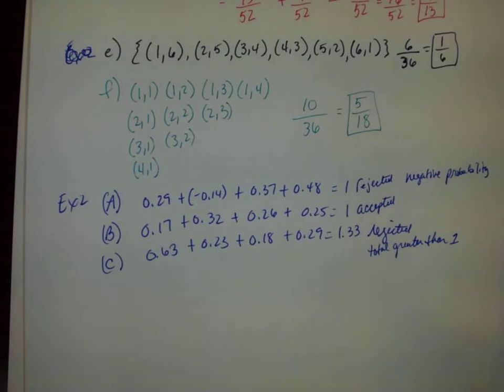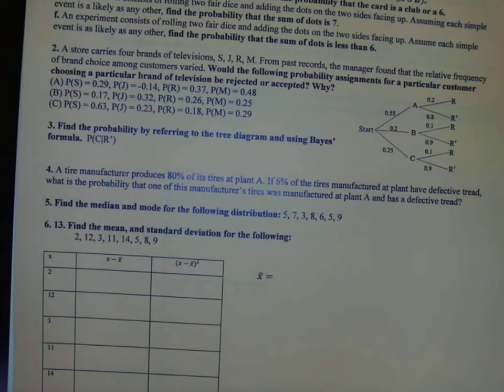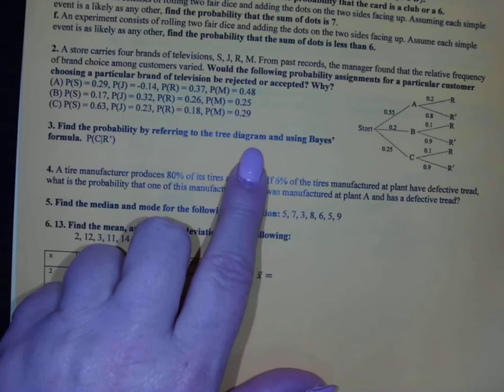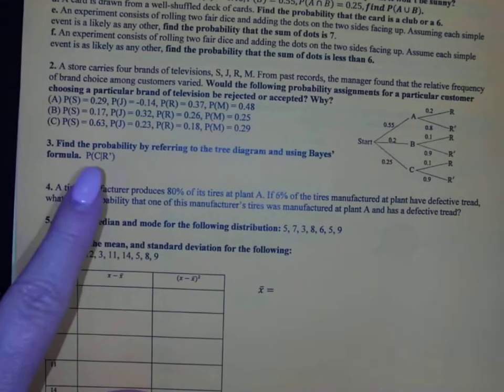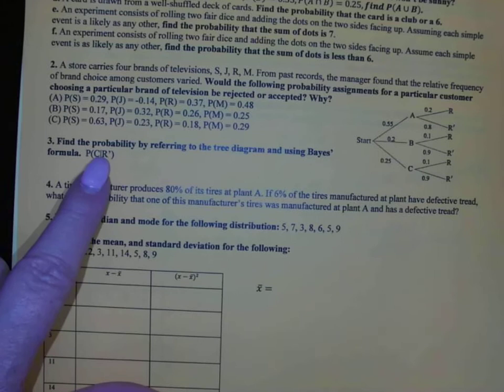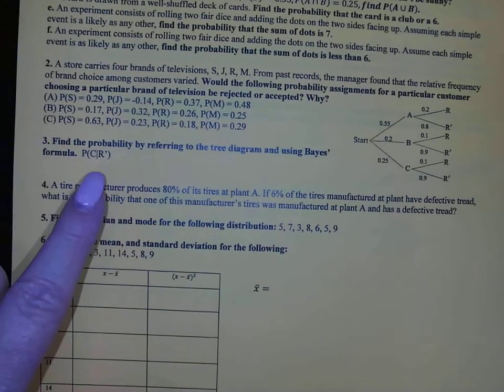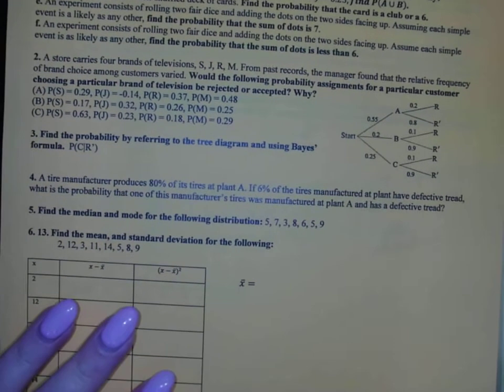All right, let's go look at example 3. We're going to find the probability by referring to the tree diagram and using Bayes' formula. We are looking at the probability of C, that line means given, that R complement occurred.